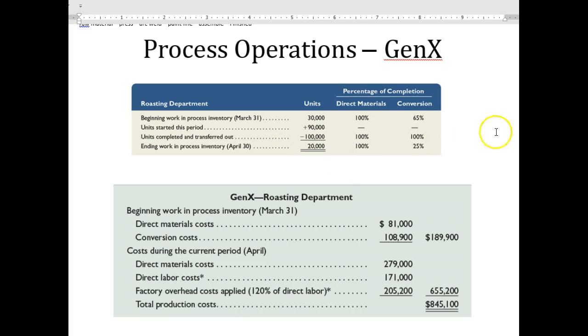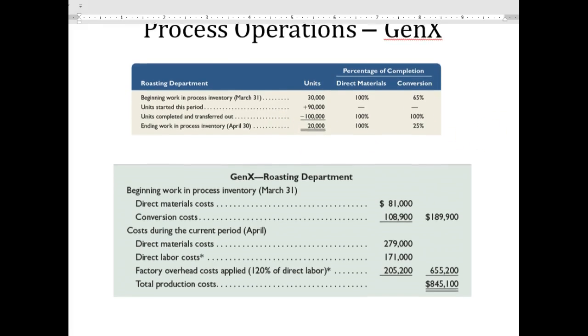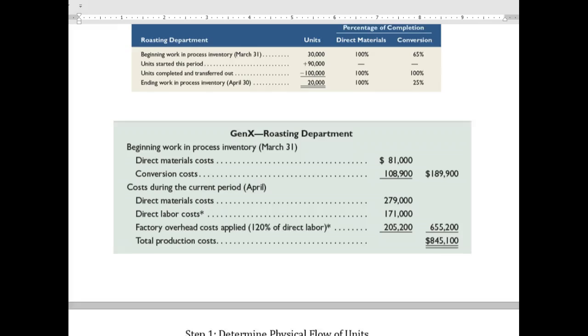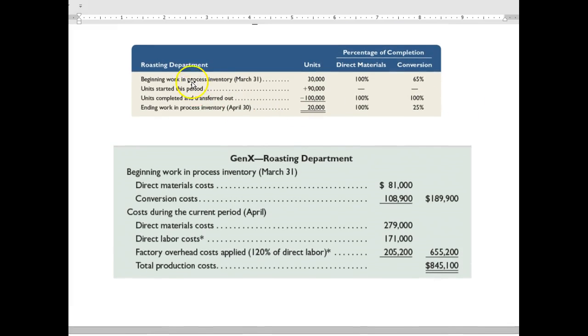So this is your beginning, and now we're going to look at these costs. The beginning inventory that was there to begin with had 81,000 in direct materials and 108,900 in conversion costs, for a total of 189,900. We added during this month 279,000 and 171,000, 205,200.